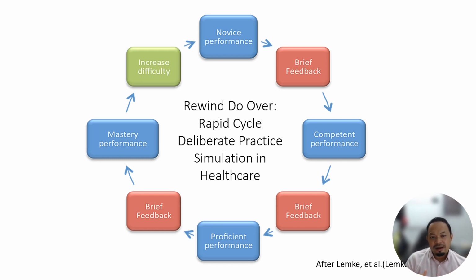Every time they try, you provide them a progressively more challenging scenario, in the hope that they come in as a novice performer, and with your feedback and the rapid cycles of practice, they become a competent performer, then with your feedback again, they become a proficient performer, and at the end of the day, they become a mastery performer. Okay, so that's the idea of rapid cycle deliberate practice.